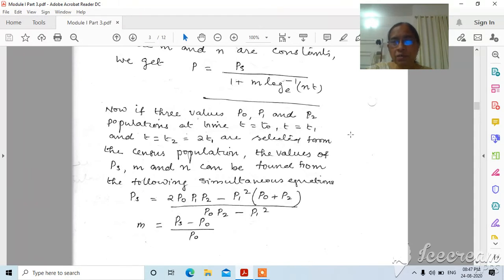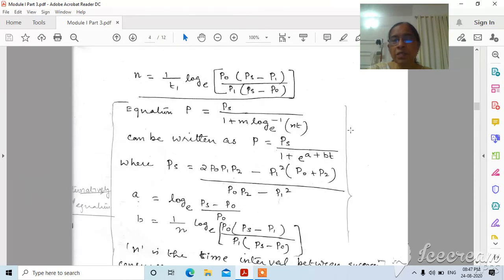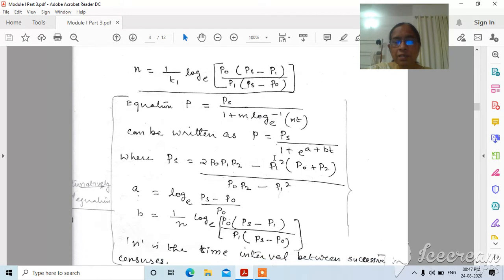set the curve, the logistic curve, you have to derive the equations, or sometimes they ask the question to calculate the population based on the logistic curve method. And in some of the textbooks these m, n, etc. are again simplified in another form. It is P equals Ps divided by 1 plus e to the power a plus bt.